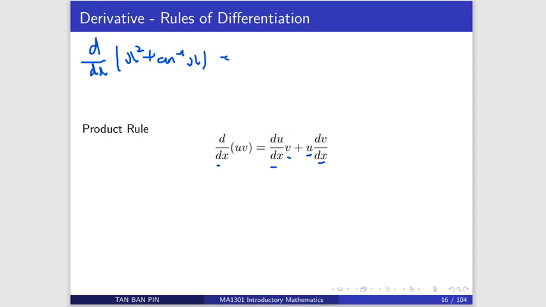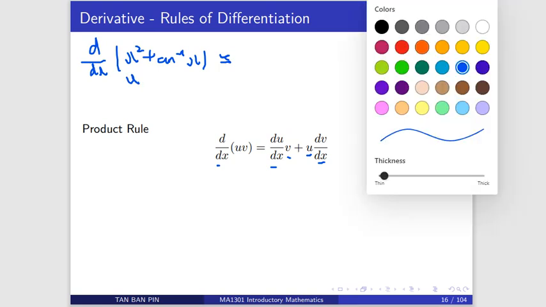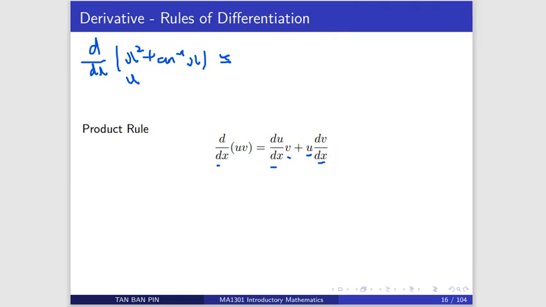What you do is basically keep one function and differentiate the other function. You take u as one of them and v as the other. So you take u as x squared and v as tangent inverse x.